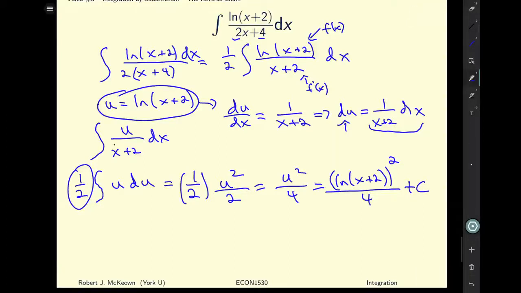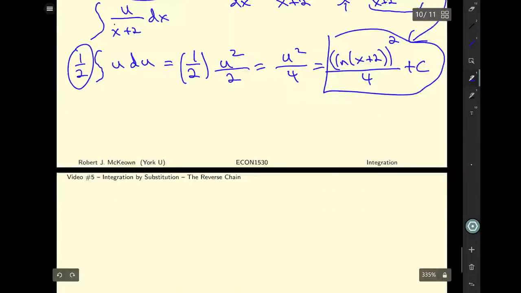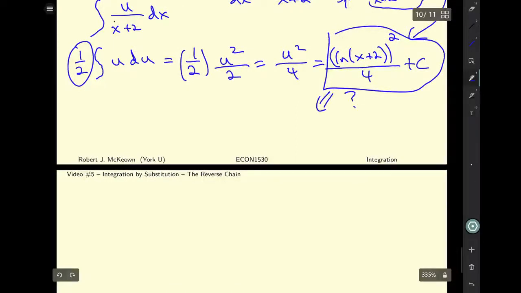Now looking at this thing, the integral of that is this down here, and so we're done. But let's prove it. Let's see if this is really the integral of what we were integrating.